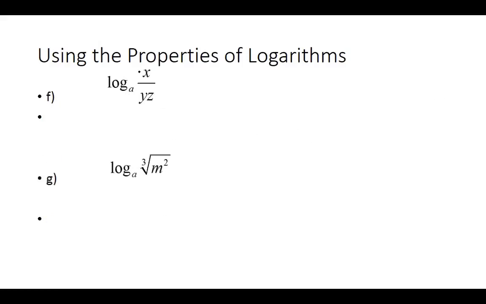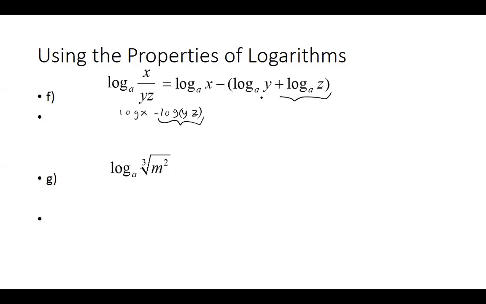Here, my argument is a quotient, so I can write it as the difference, log of x minus log of yz. Now, this one here is a product, so I can write it as log of y plus log of z.